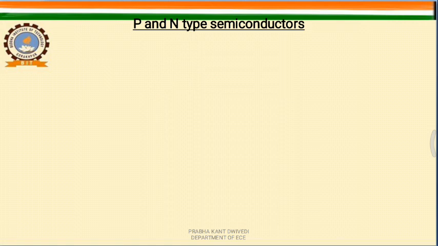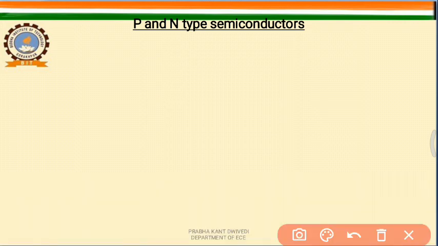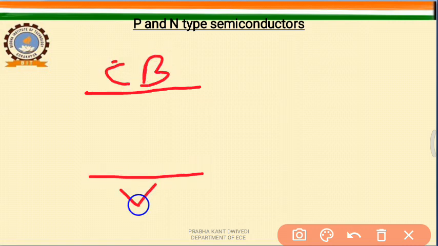In the pure intrinsic semiconductor, if we observe the energy band diagram of pure semiconductor, it consists of a conduction band, a valence band, and there is an energy band gap in between the conduction band and valence band called the forbidden energy band gap.